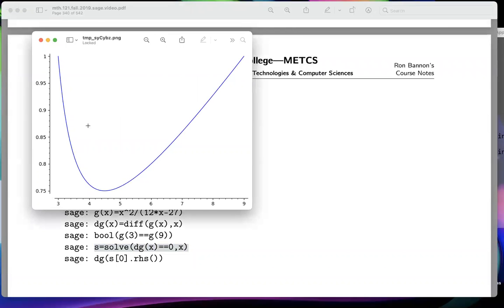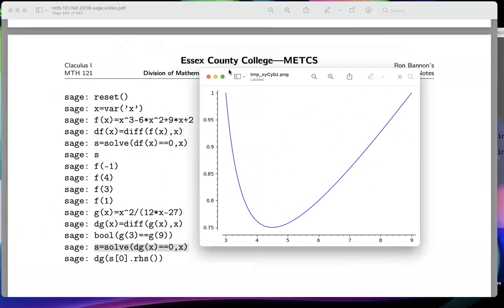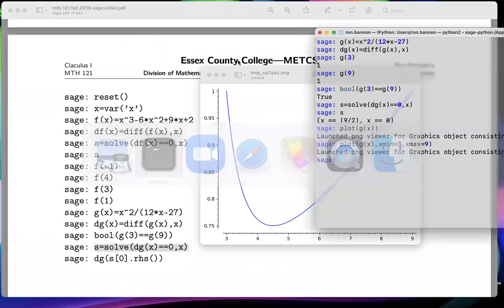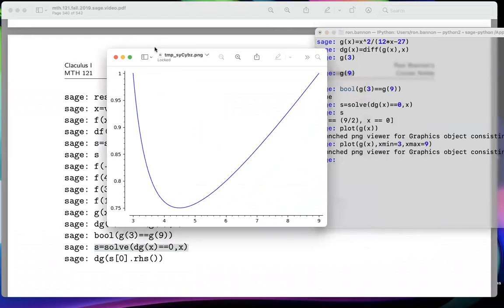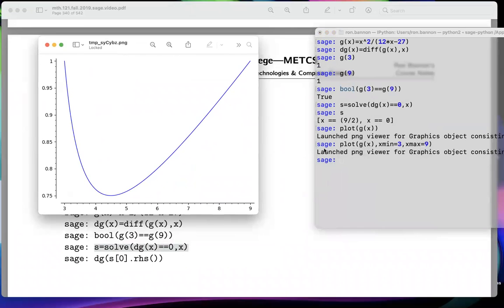All right, so what am I seeing over there? I'm seeing a picture of G between 3 and 9. So this is 3 over here.